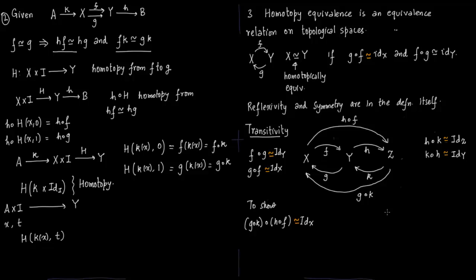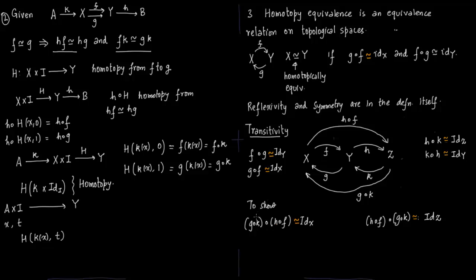You can see you first travel from X to Z and then travel back to X. Similarly, you first travel from Z to X and then travel back to Z. So you first apply g composed with k, travel to X, and then back to Z via h composed with f.